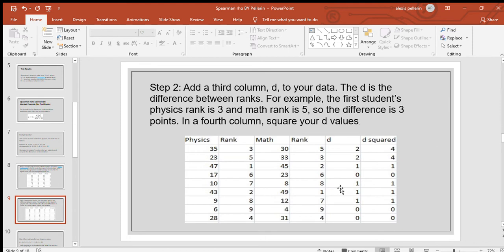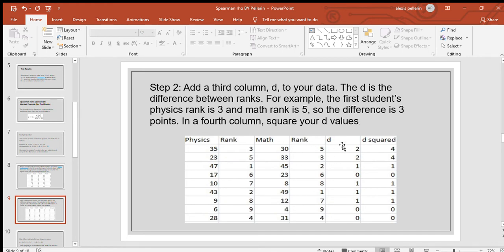For example, the first student's physics rank is 3 and math rank is 5, so the difference is 2 points. In the fourth column, you square the d to get d squared. So this is the difference, as I've said, and this is the square of the difference.